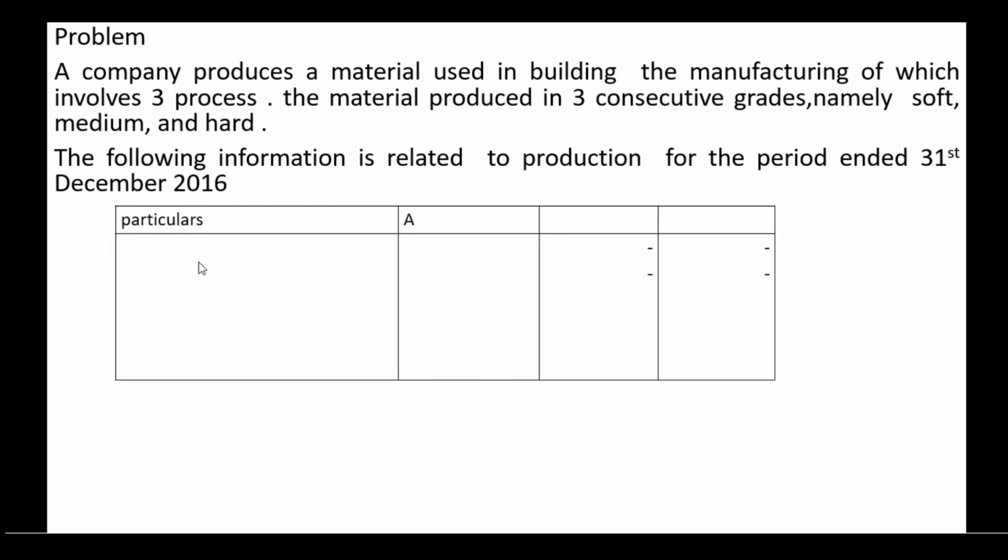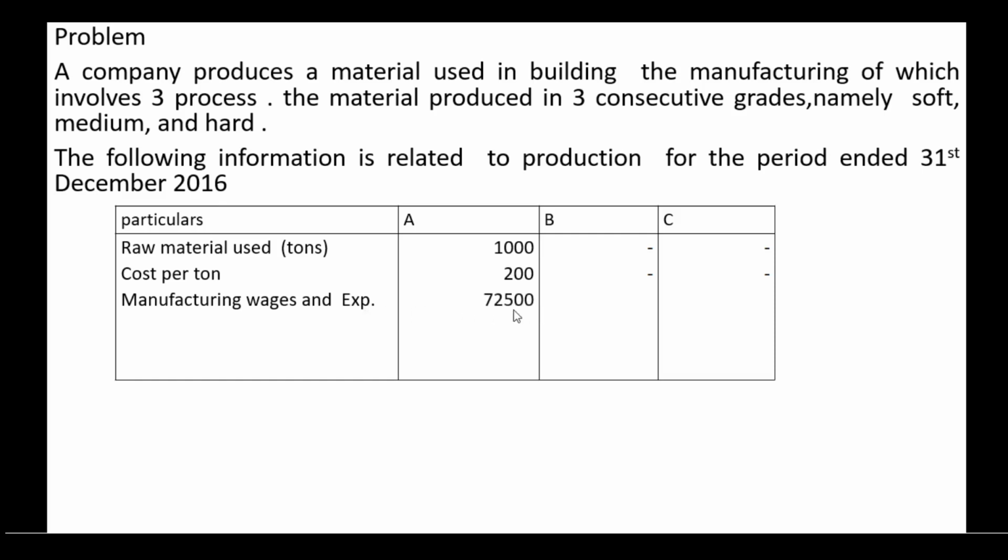Particulars: A, B and C. Raw materials for process A 1000, cost per ton for process A 200, manufacturing wages and expenses A 72,500, B 40,800 and C 10,710. Loss in weight for A 5%, B 10%, C 20%.